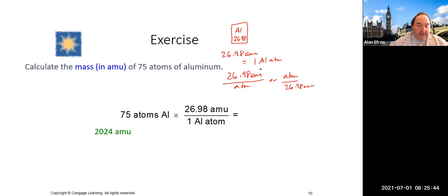Here again, we're starting with atoms, so we'll use our guy on the right there. That's going to allow our atoms to cancel, leaves us with AMU, and we end up with 2,024. So really, you can use this again to figure out the mass of these guys in AMU.